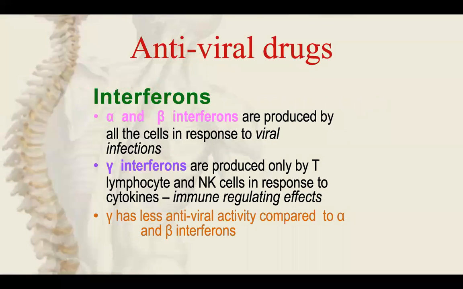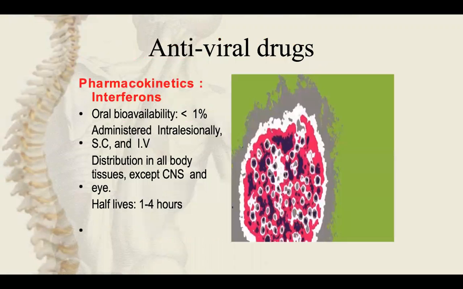Alpha and beta interferons are produced by all cells in response to viral infections. Gamma interferons are produced only by T lymphocytes and NK cells, with immune-regulating effects. Gamma has less antiviral activity compared to alpha and beta.